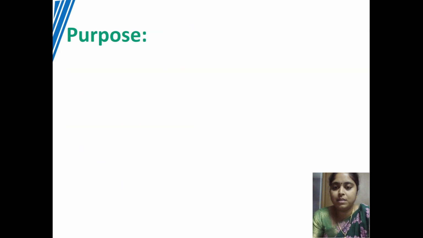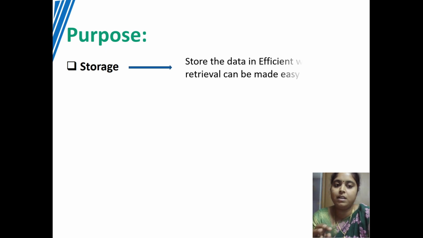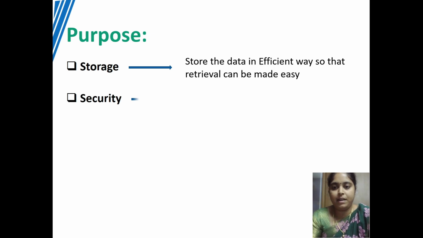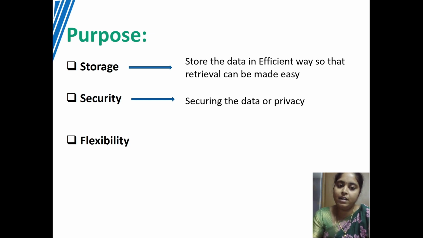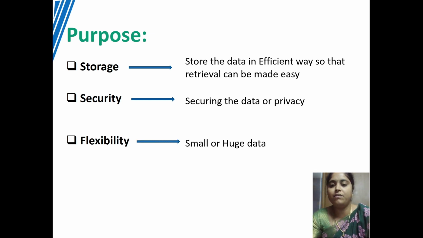So what are the purposes of using the database? First thing is storage. The main purpose is to store the data in an efficient way so that retrieval can be made easy. Then security. Security is to secure the data, or privacy. Okay, then flexibility: a small data or a huge data, the database needs to accept every data.